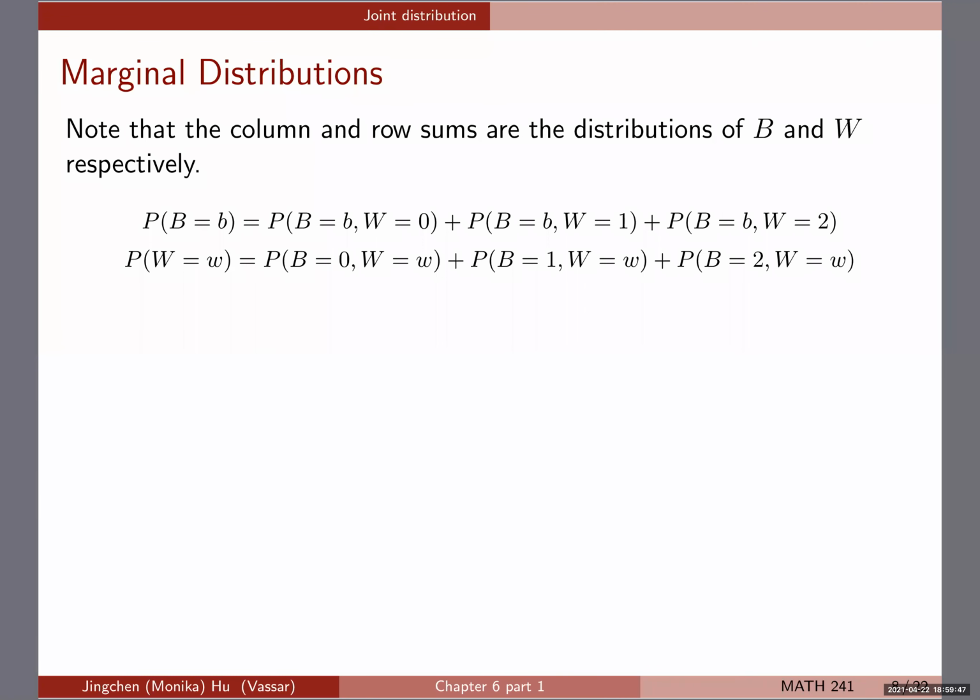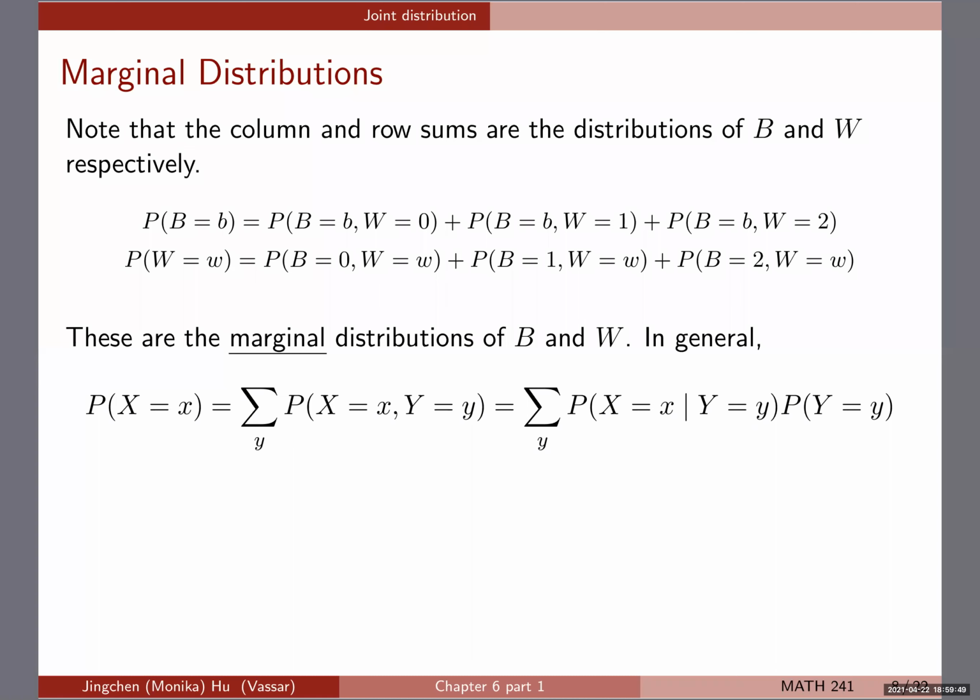In general, this again goes back to the law of total probability. Generically, you have this, and that is the same as summing up all of the joint probabilities by fixing X equals x. But then how do you get all of this?